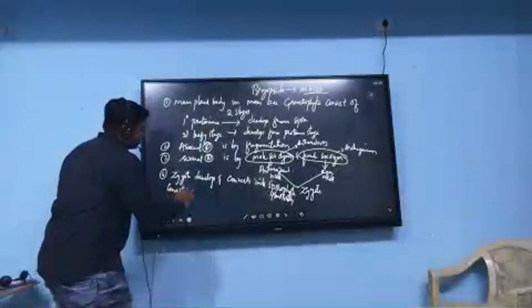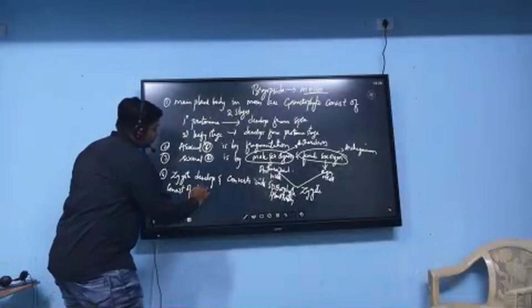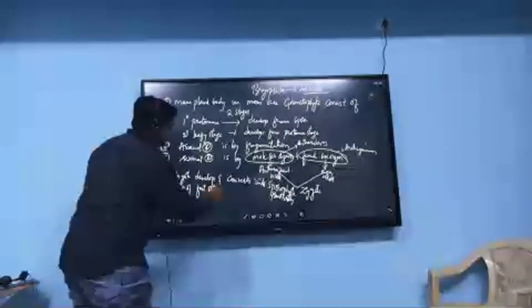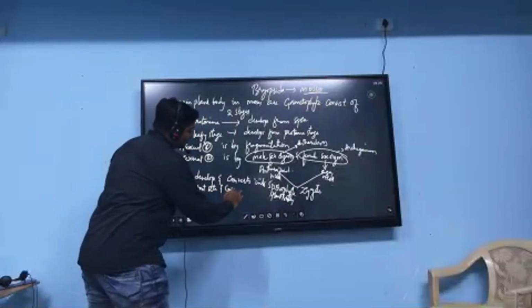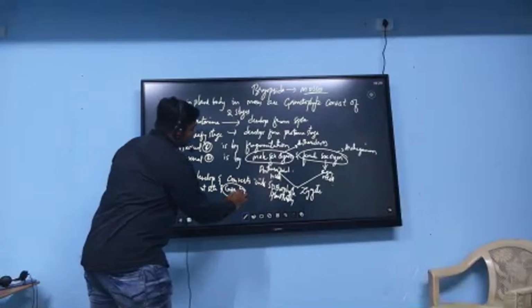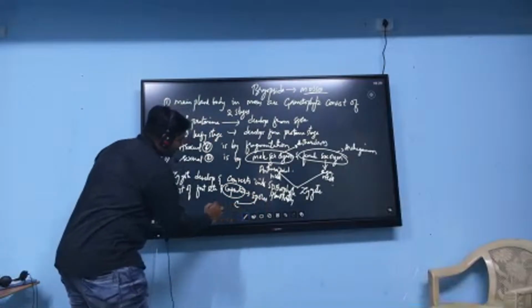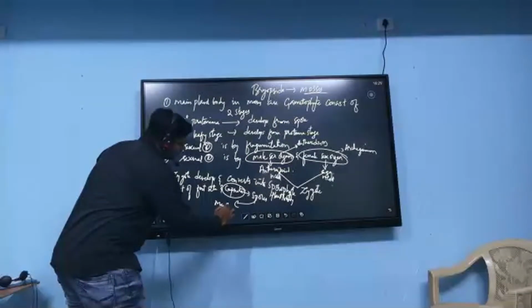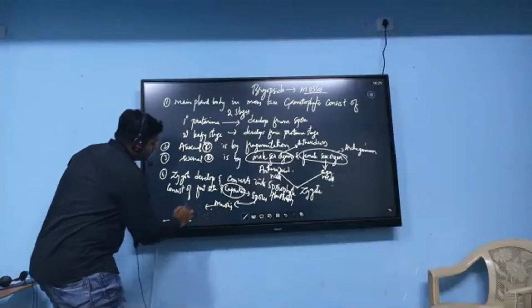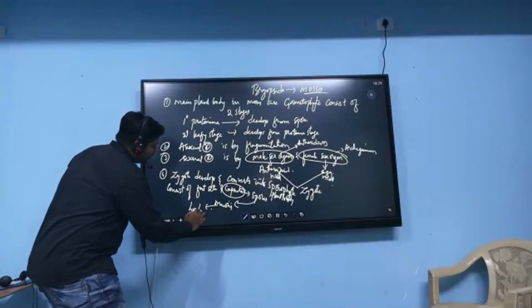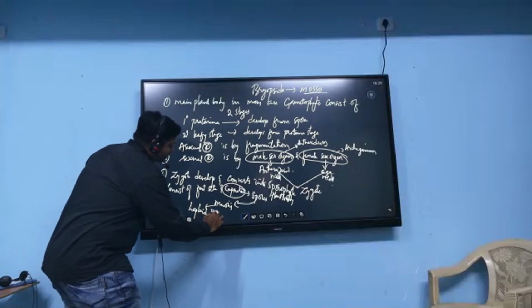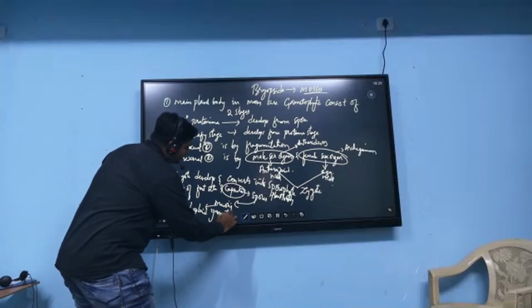That sporophyte plant body consists of foot, seta, and capsule. The capsule will bear spores. Those spores will undergo meiosis and produce haploid gametes, that is haploid gametophyte.